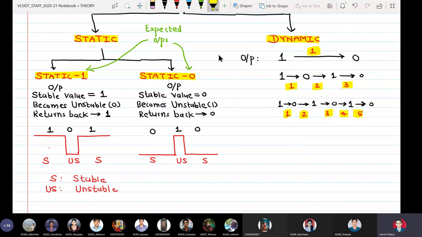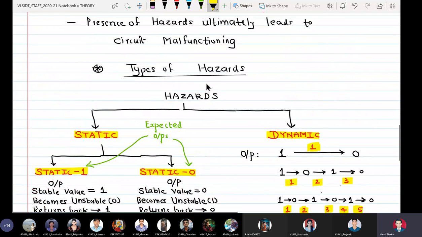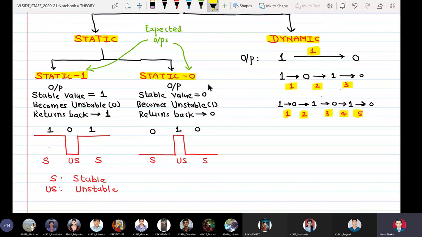Okay, now it's clear that there are two kinds of hazards: static and dynamic. Static is again classified as static 1 hazard and static 0 hazard, wherein in static 1 hazard the output is stable at 1, static 0 hazard output is stable at 0. In case of static 1 hazard, the output momentarily becomes unstable, that is goes to 0 and returns back to 1.